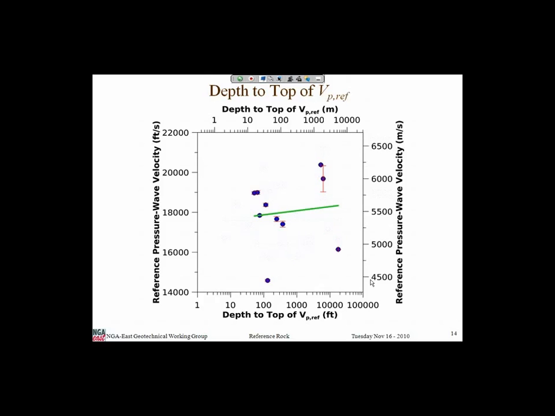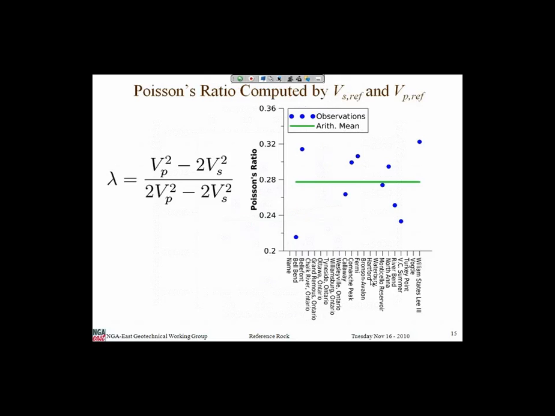Then if we look at depth to top of VP, you can see maybe a little bit of increase with depth, but really there's no strong trend, which makes us feel comfortable with what we have picked so far in terms of how we define this reference rock from the measurements and our estimates of it. We also had to look at issues of estimation of Poisson's ratio.